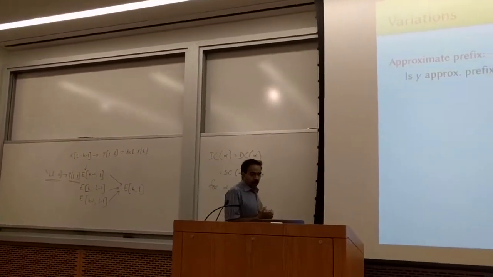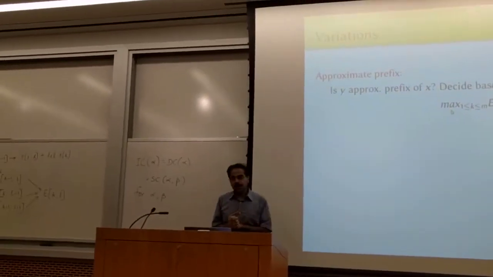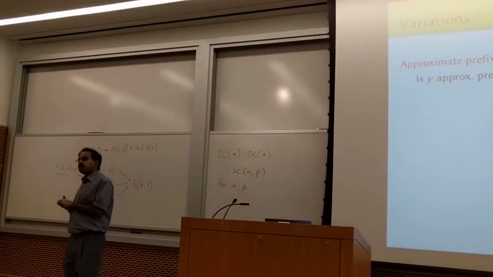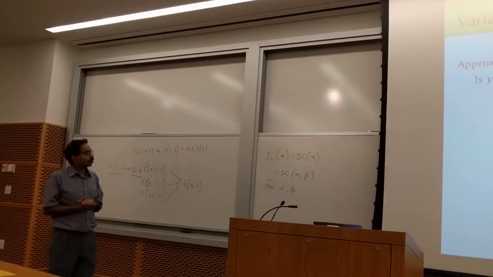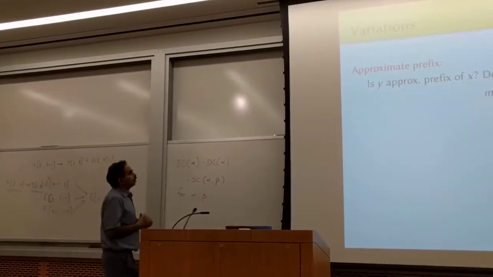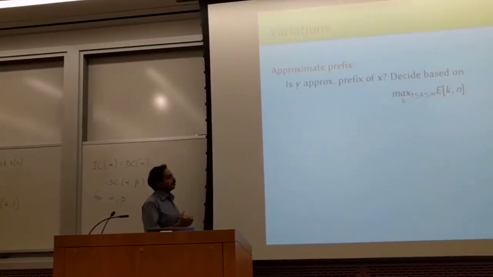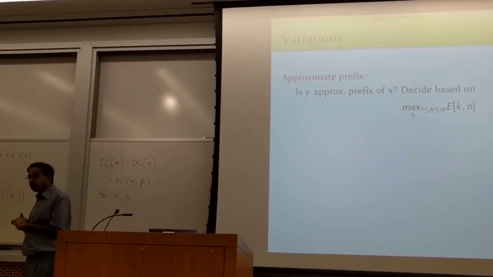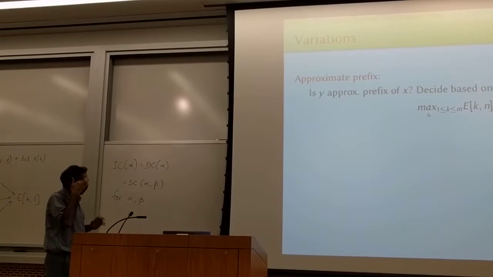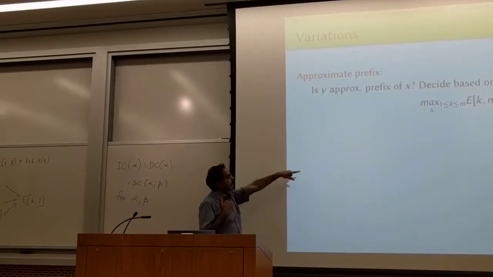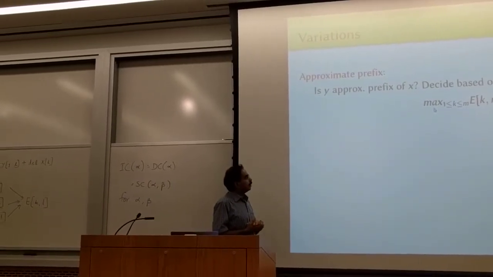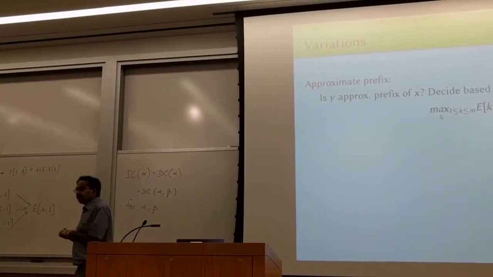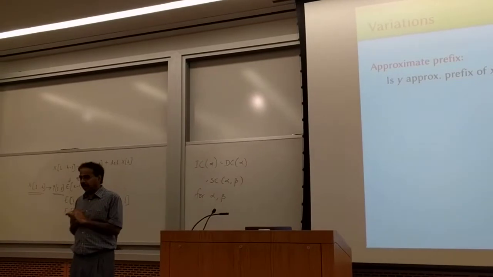Okay, so now that we know how to do edit distance, we can ask for some variations of the problem, right? So what if you don't want to do an approximate match of the entire strings, but instead you want to do an approximate prefix? Approximate prefix means that you are willing to discard characters in x after a particular k, right?